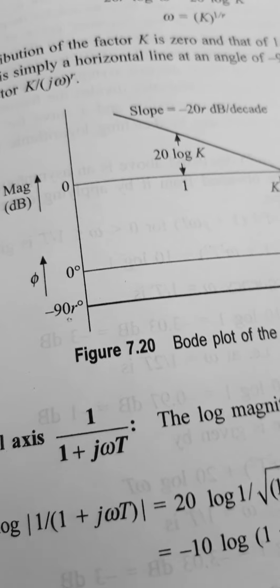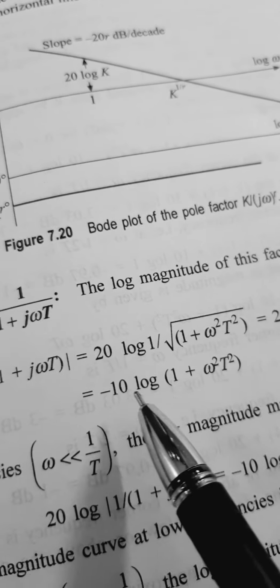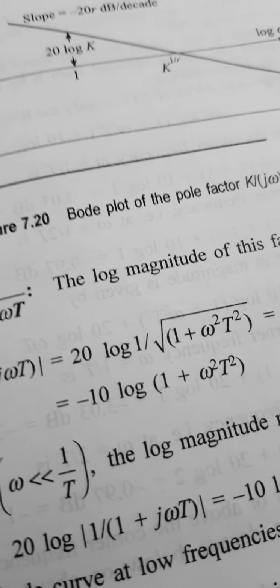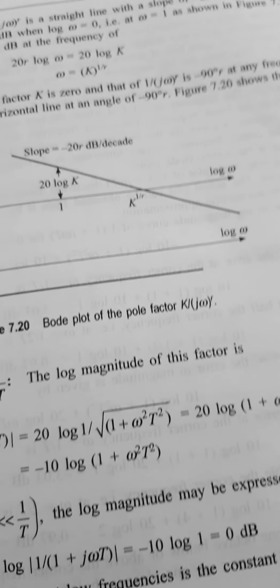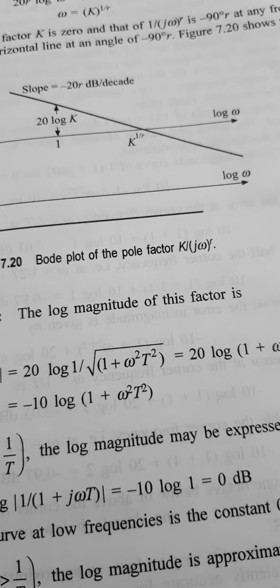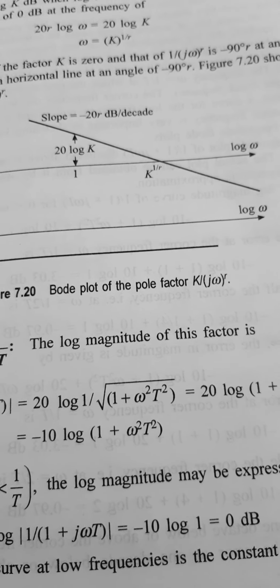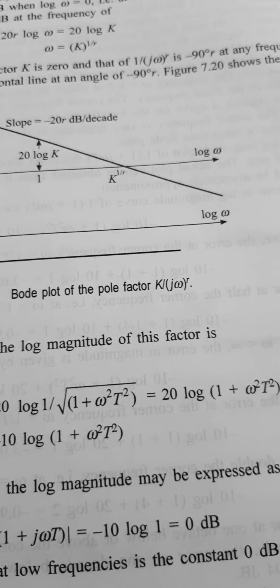But when you observe minus 10 log 1 plus omega square T square, when omega is equal to 1 by T, this is equal to minus 10 log, substituting, 1 plus 1, so you get minus 10 log 2. So it is not equal to 0.